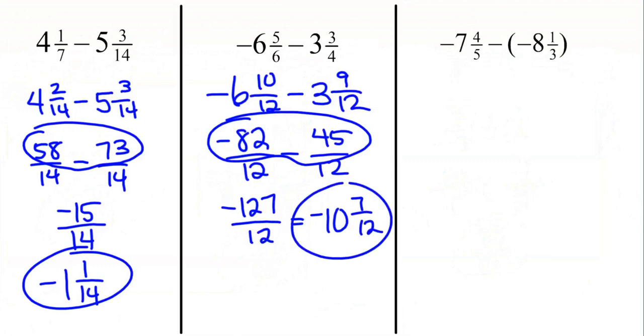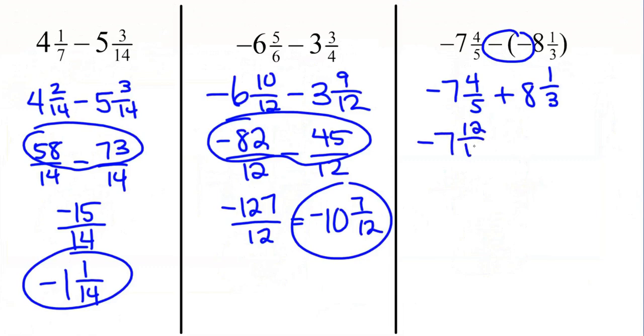Last one, -7 4/5 minus a -8 1/3. Again, I'm taking away a negative. I'm going to change this to addition. So I have -7 4/5 plus 8 1/3. Now I get a common denominator. The common denominator of 5 and 3 is 15. So this is -7 12/15 plus 8 5/15.